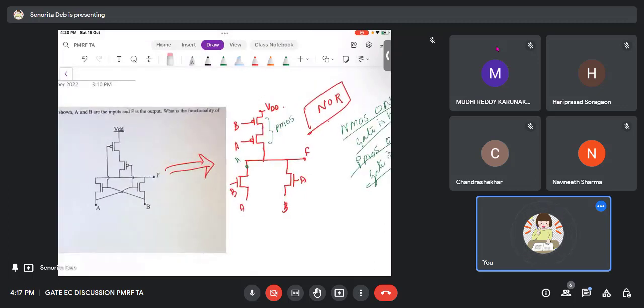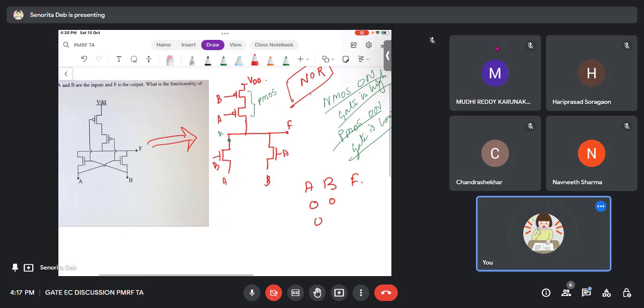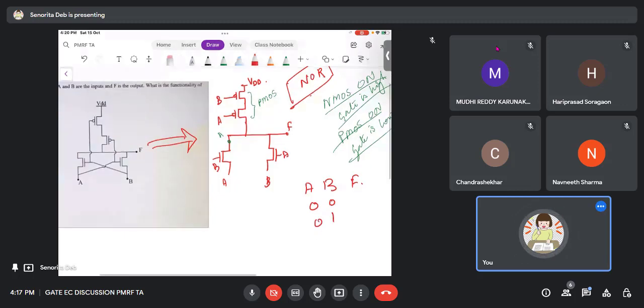So you can just write again the truth table. A, B, you write all the combinations for 2 bits. These are all the possible combinations.